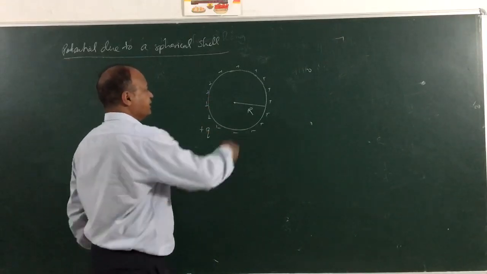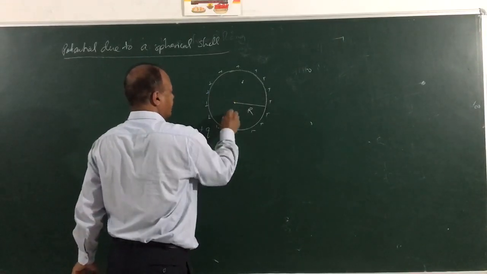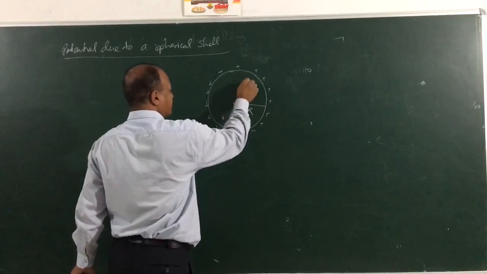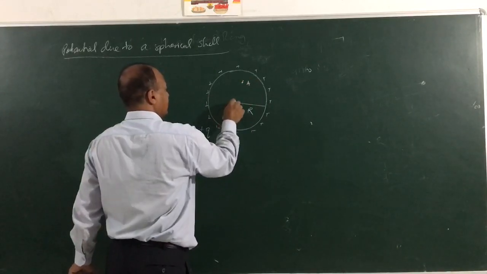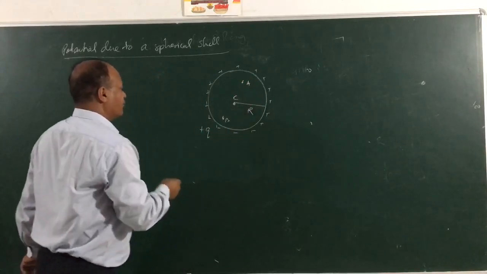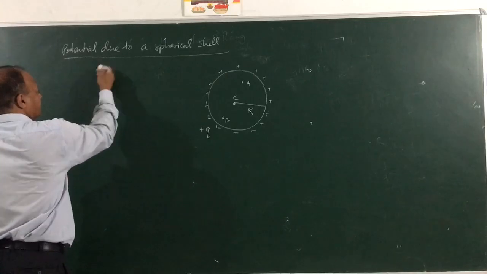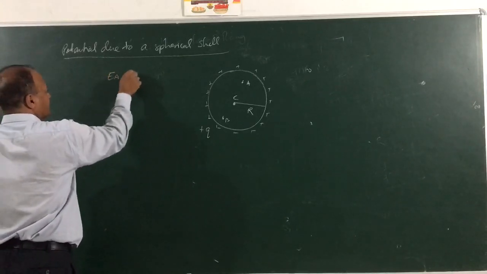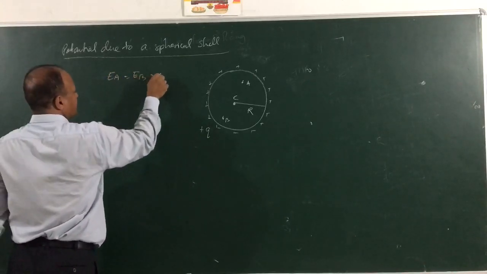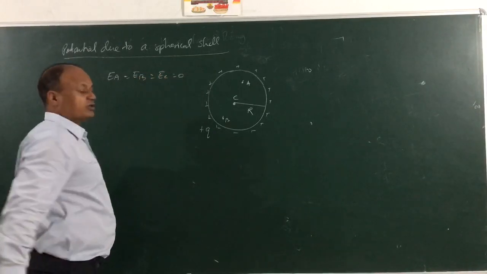Take the electric field here, here, and at the center. Suppose this is A, this is B, and this is C. Then we found that EA is equal to EB is equal to EC, and all were equal to 0.